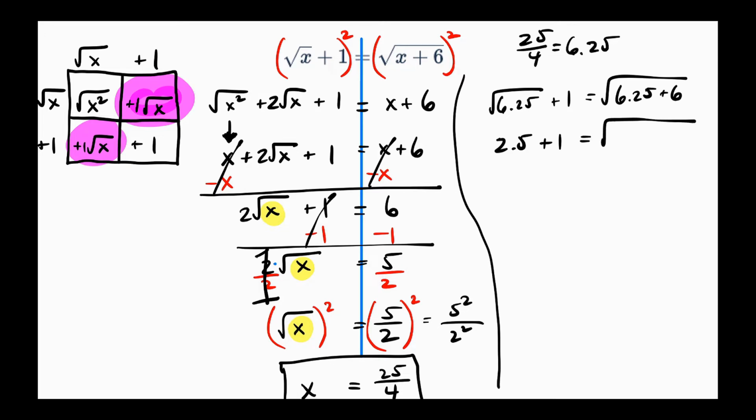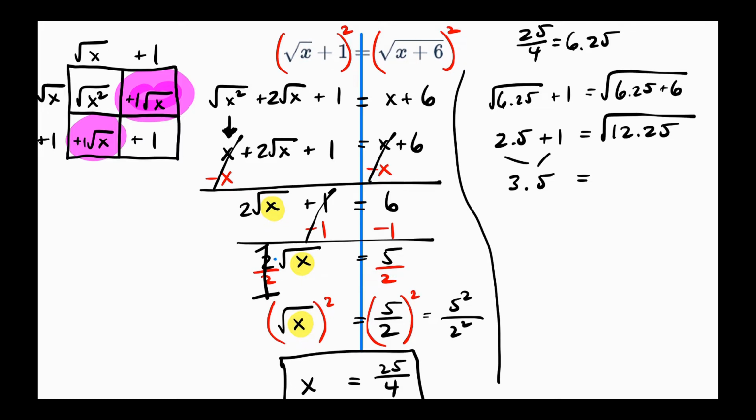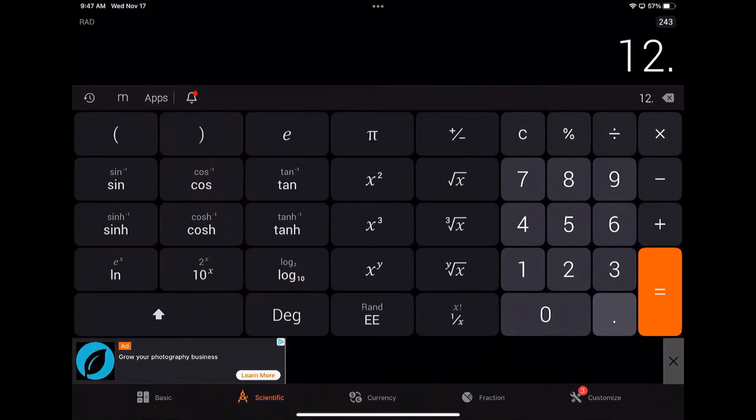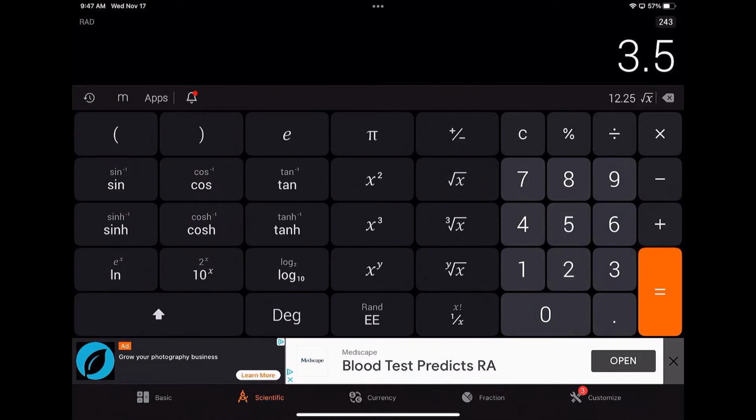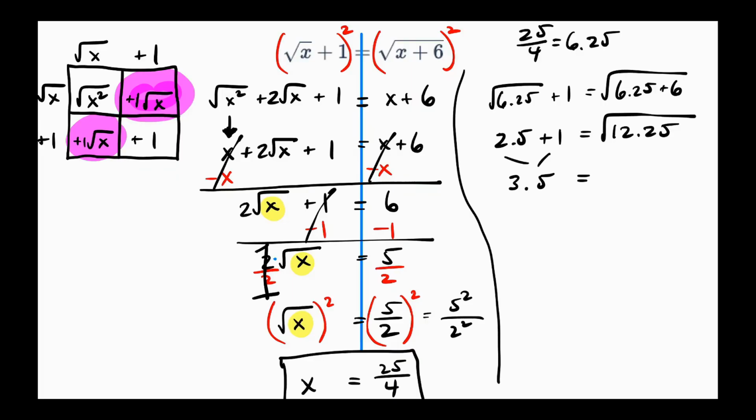And then over here, I have 6 plus 6.25. Okay, so I'm going to use my calculator again. So 2.5 plus 1 is 3.5. The square root of 12.25 is 3.5. Checks out. They're both equal to each other.